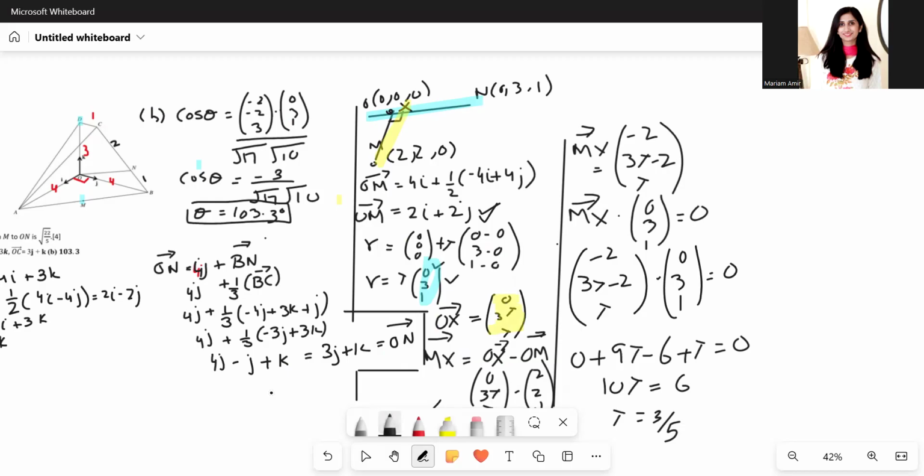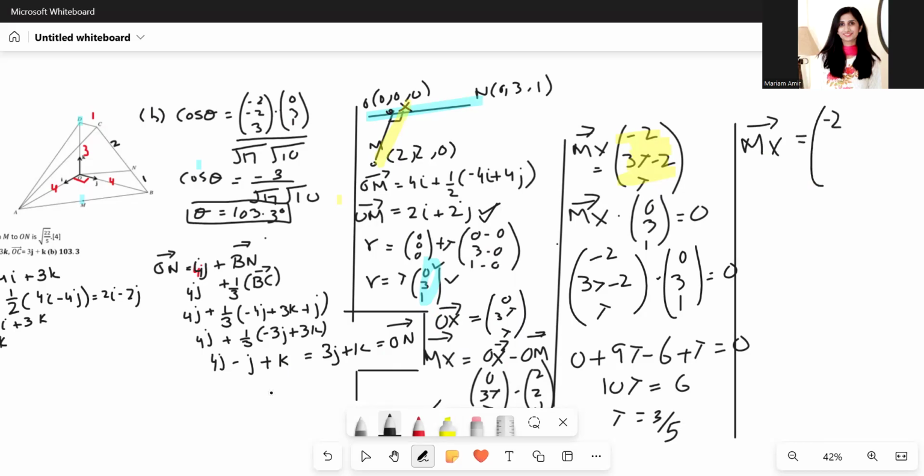Sorry, no, MX. MX is not OX. MX is here. So replace this lambda by 3 by 5 and get the proper column vector and then find its magnitude.